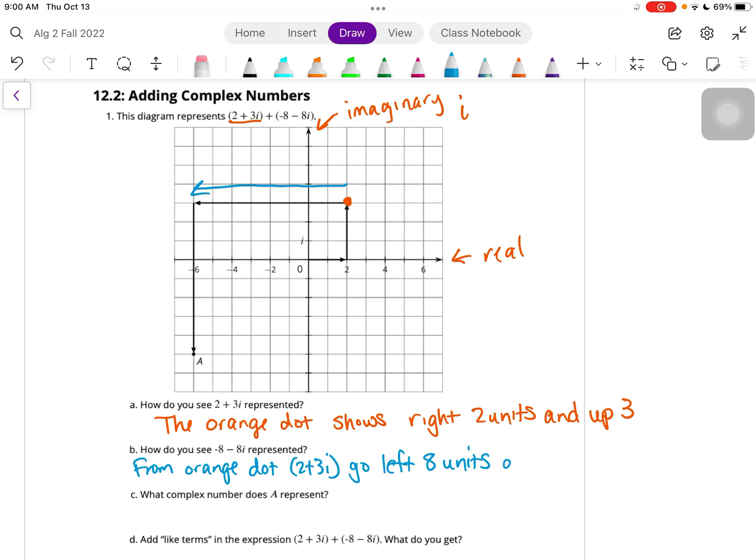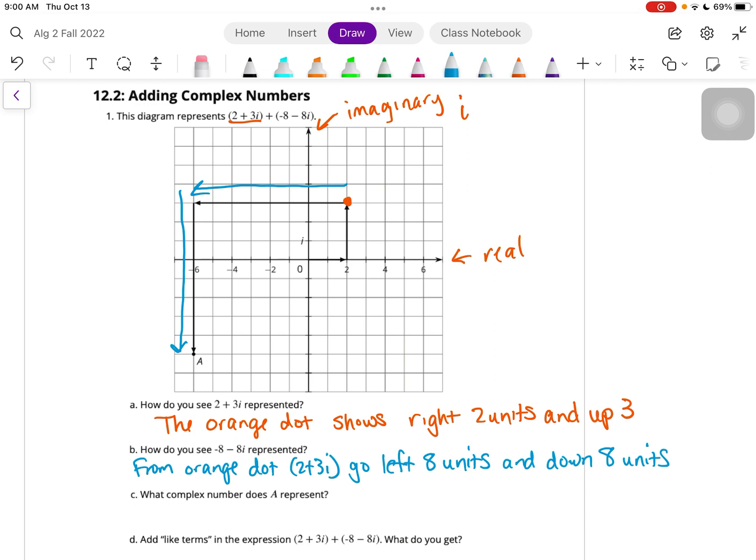And then we go down 8 units, because our imaginary number was negative 8i. So we went down 8 units.